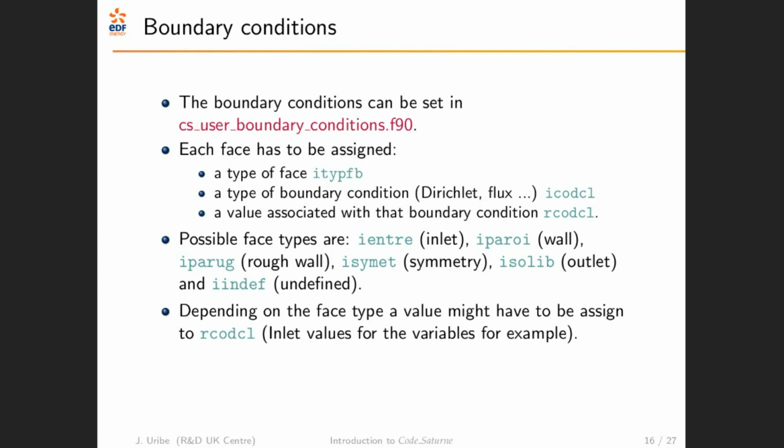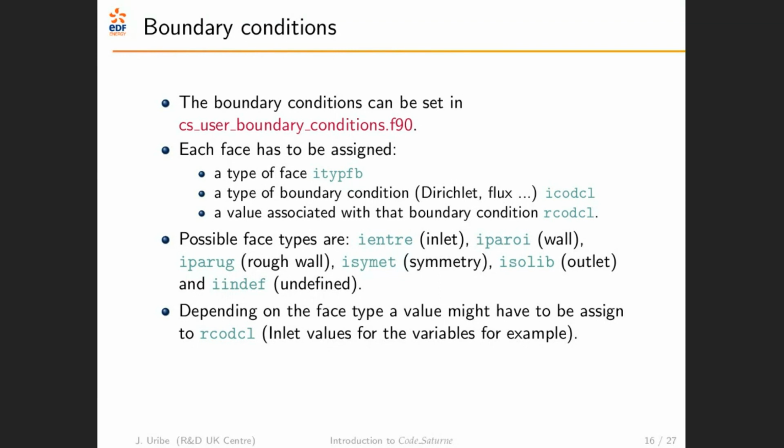Whereas if you set an inlet, for example, you still need to set the value of the inlet, or a wall, for example. If you set a wall heat flux, for example, you need to fill in the arrays for this type of condition, because you could have a heat flux or you could have a fixed temperature.